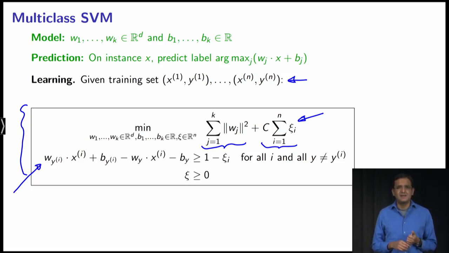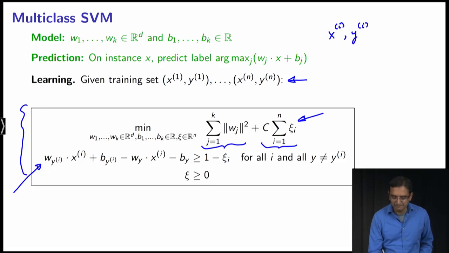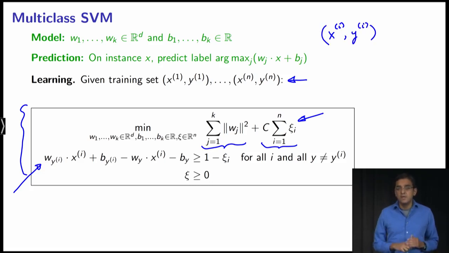So what exactly are these constraints? Let's take a look. Let's say we have a particular data point, xi, yi. Now there are k possible labels.